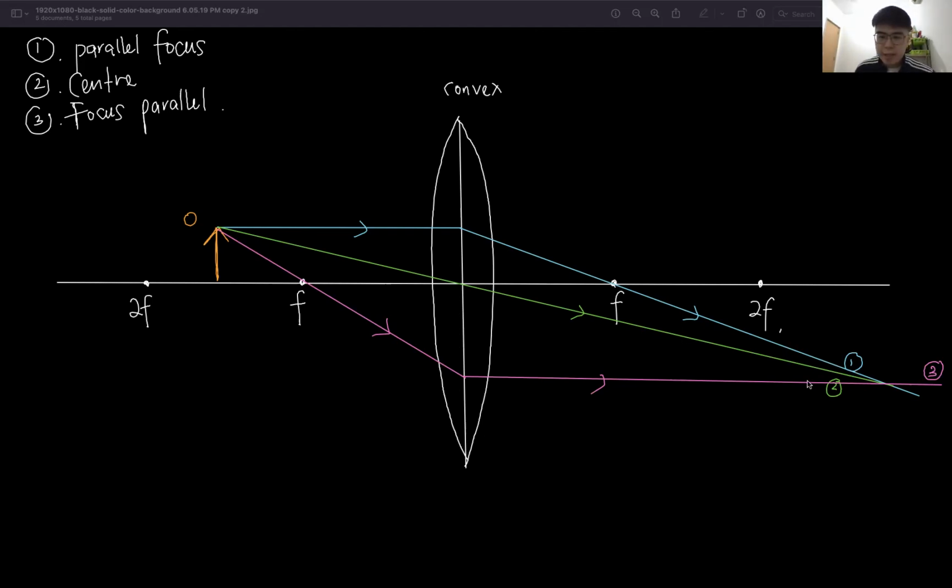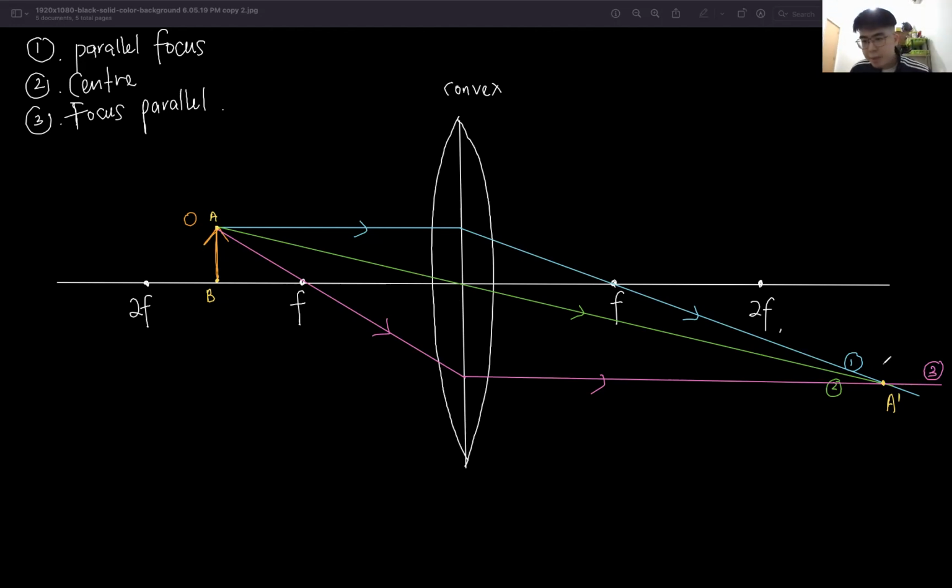You see all the 3 lines, they are from the head of the arrow, right? Let's say this is point A, and the tail of the arrow is point B. All these 3 lines are coming from point A, so here is point A. I will call it A prime, the image of A. Where is point B then? Point B is directly below point A, on the principal axis.